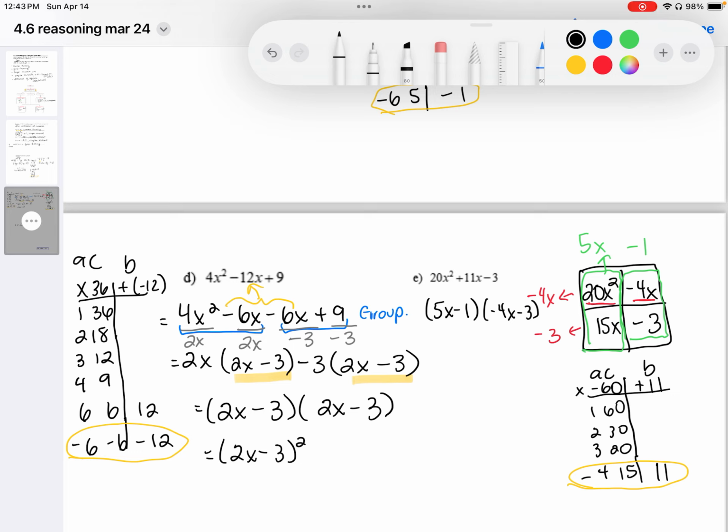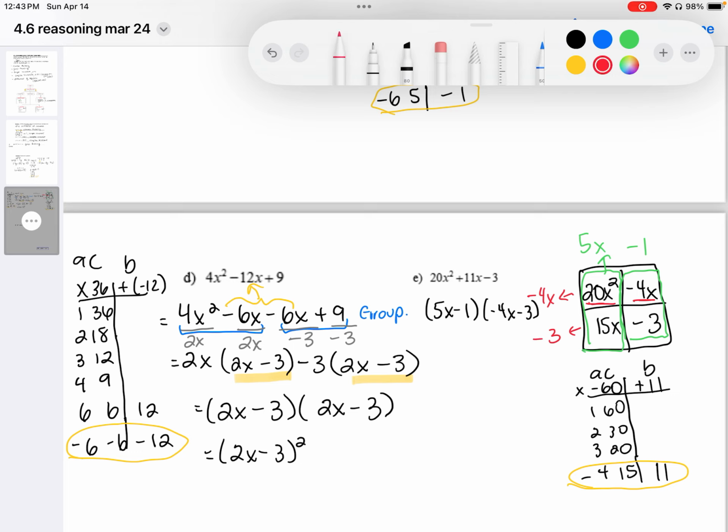Sorry, this is going to be, actually, what we'll do, we'll just change the signs.